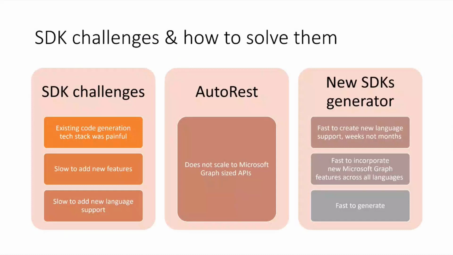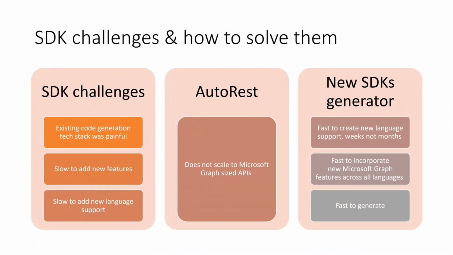But first of all, just a little bit of context on how we got where we are today. As Microsoft Graph has been evolving and as we keep adding new features, it became very apparent that we were having a few challenges generating our SDKs.